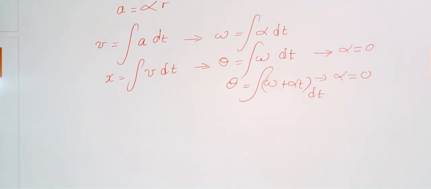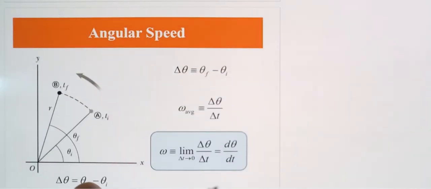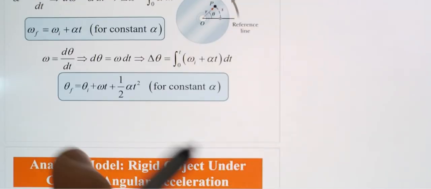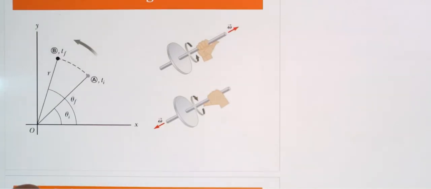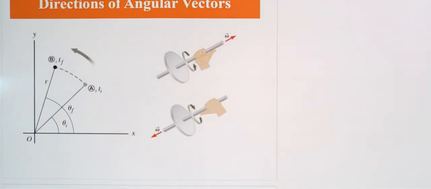And as a result, all the laws of linear motion, we just apply the same laws. You see, all those slides are talking about the same thing, except this slide. I will come back to it in a moment.